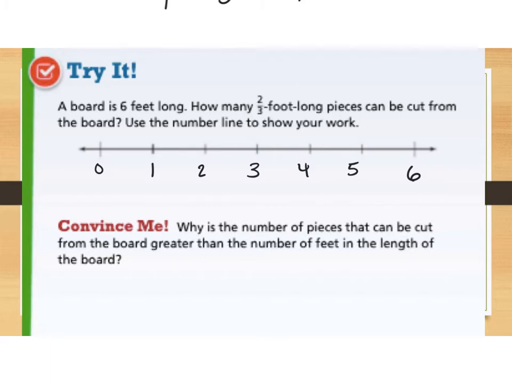So if we were to divide 18 by 3, correct. So we want 2/3 pieces. So you're going to take 6 over 1 and you're going to multiply by the reciprocal, which means flip the fraction.